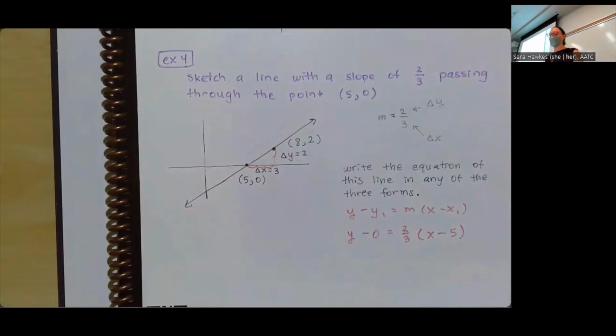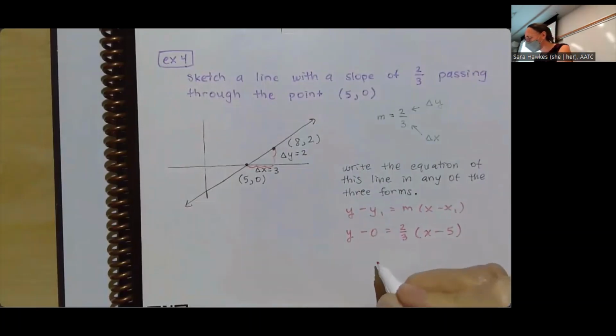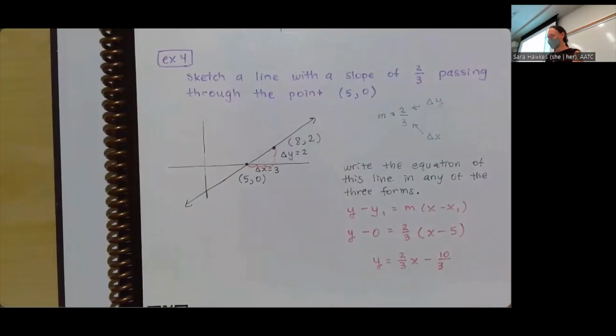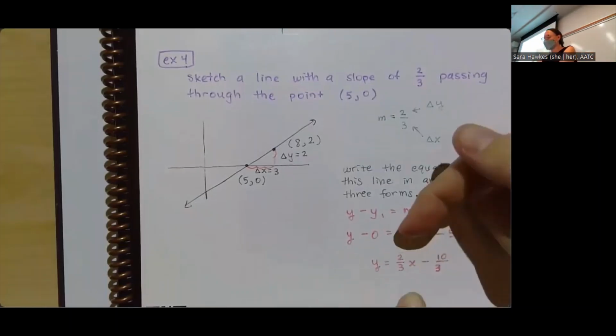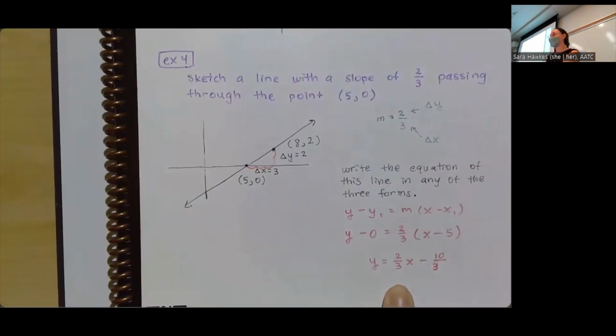We are done. If you happen to do this in y equals mx plus b, then I think you should have gotten y is equal to 2/3 x minus 10/3. And I got this just by distributing the 2/3 in right there.